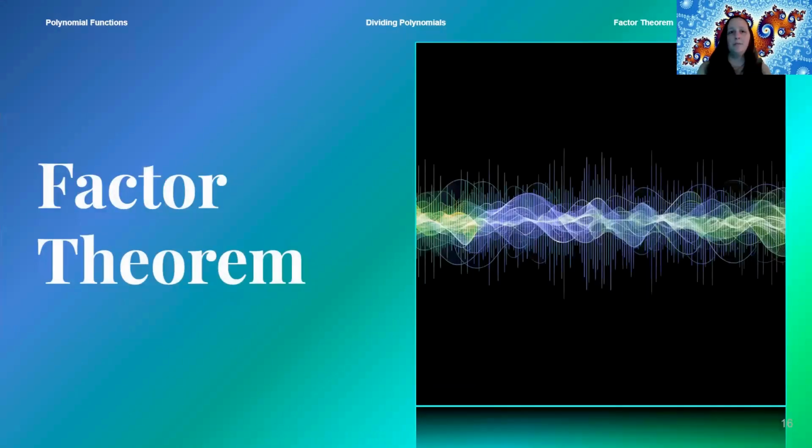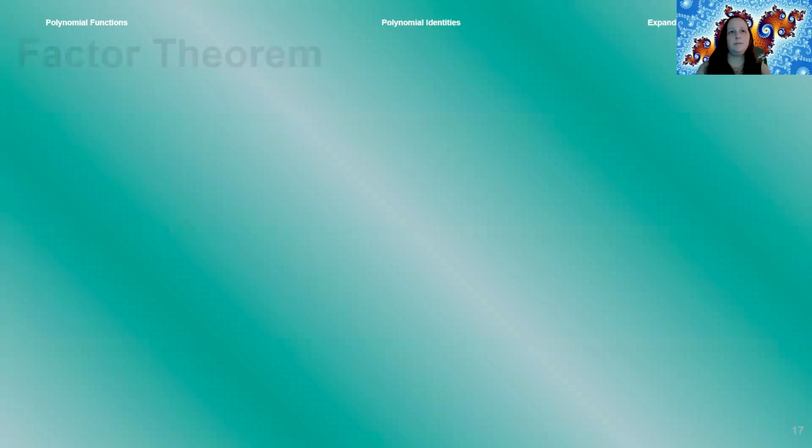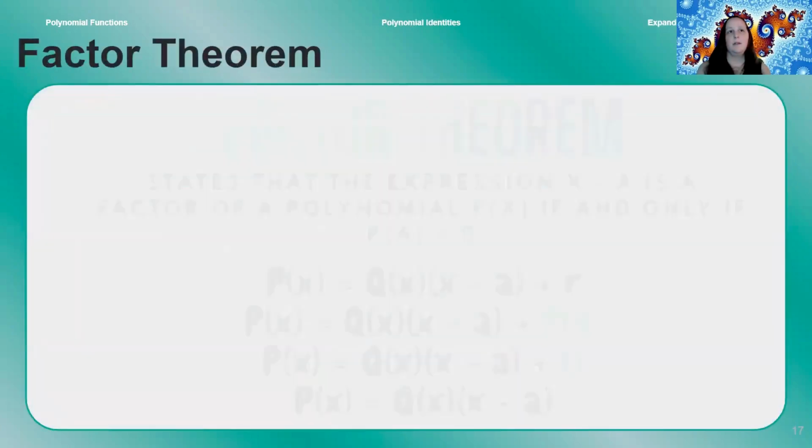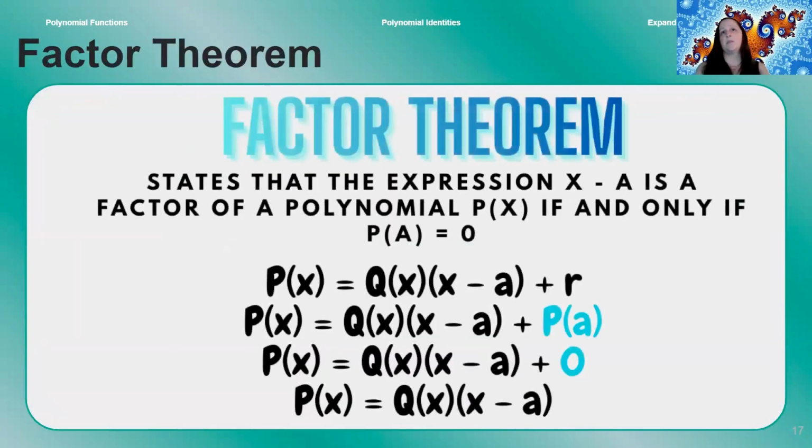Factor theorem. The factor theorem states that the expression x minus a is a factor of a polynomial p of x if and only if p of a equals 0. So when I divide something and I get a remainder of 0, that means what I divided by is a factor.